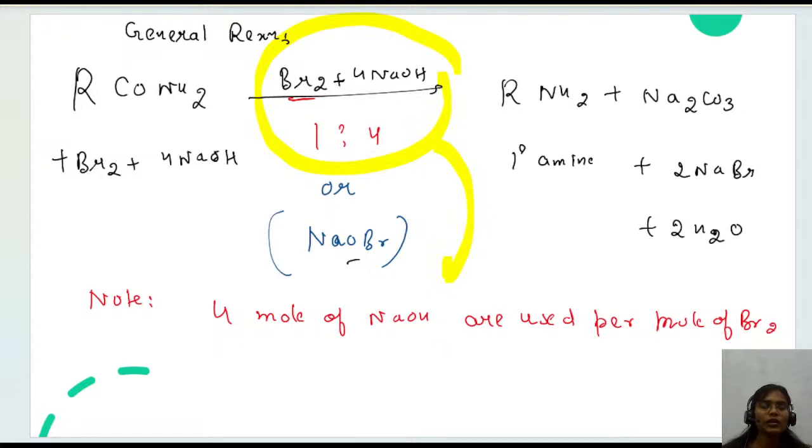In order to understand the mechanism, first let's talk about an intermediate, because again and again we are going to get this. Every time we end up with this as an intermediate in all four reactions.